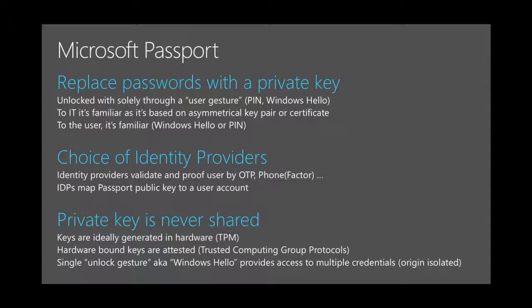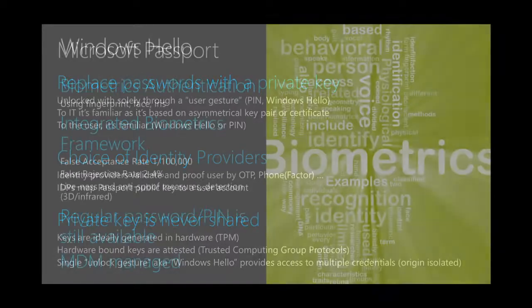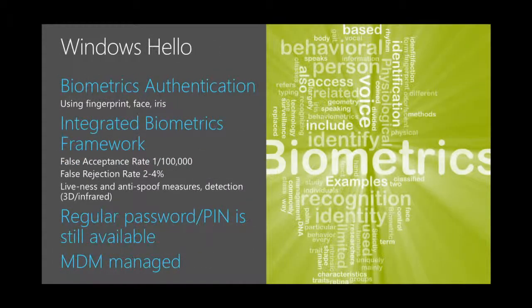Users will be unlocking their device with what we call a gesture. When it's about biometrics, we call it Windows Hello. So Windows Hello is the mechanism in Windows. That's why we call it Windows Hello. It's not a generic password, and it's only available on Windows. Other vendors may have it on their operating systems.